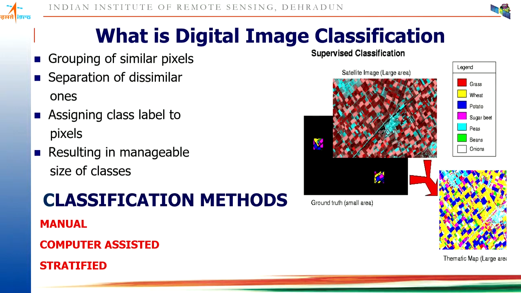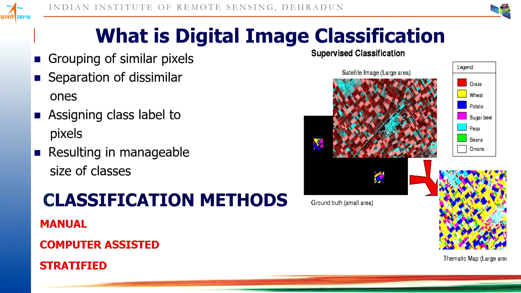The same thing that we have discussed till now: digital image classification is the grouping of similar pixels and separation of dissimilar ones. Along with that, it is the assignment of a class label to a particular pixel. That means we have grouped the pixels, but that grouping of pixels is segmentation. Now we have to label these groups also, that this particular group of pixels belongs to the class water, that particular group of pixels belongs to the class forest, and so on.